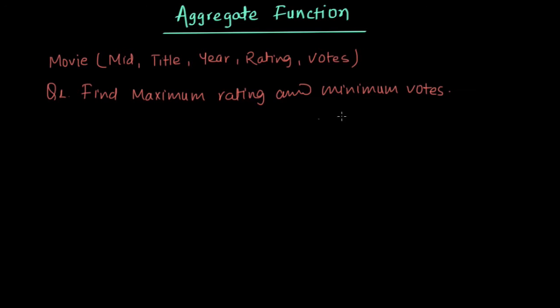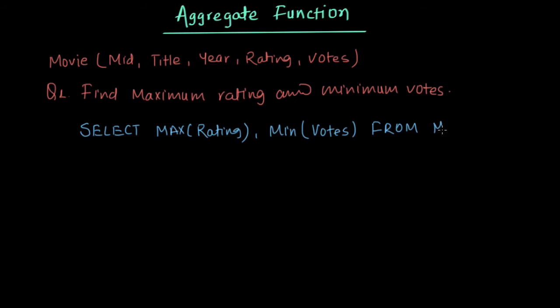We will write select max of rating and min of votes from movie. This will show the maximum rating we have captured so far and the minimum number of votes.